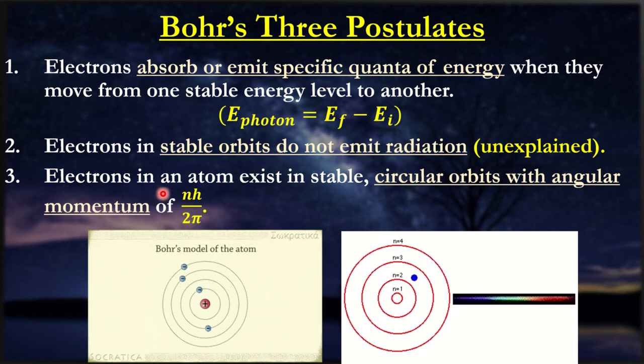The third postulate is the atom exists in a stable circular orbit. Again, these two don't quite make sense because he hasn't explained why a moving charge doesn't produce electromagnetic radiation. Hence, why is the atom so stable? These 2 postulates don't quite explain that, but the important part is he added this component of a quantum electronic energy level. That's the use of his model here.